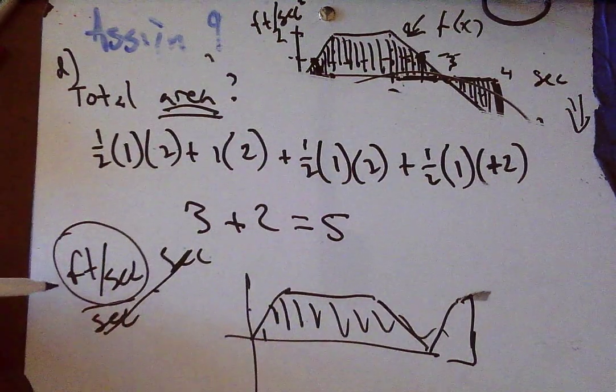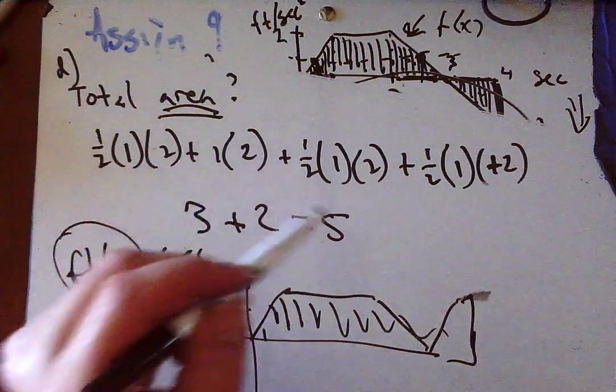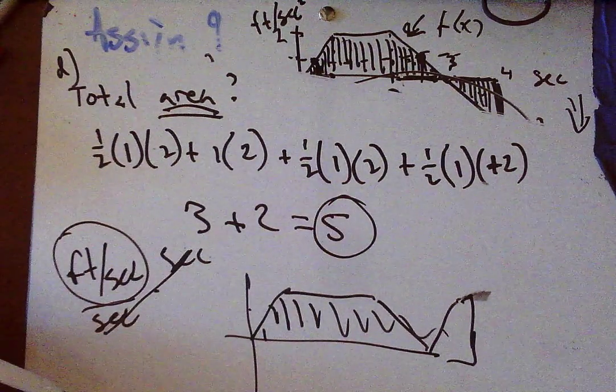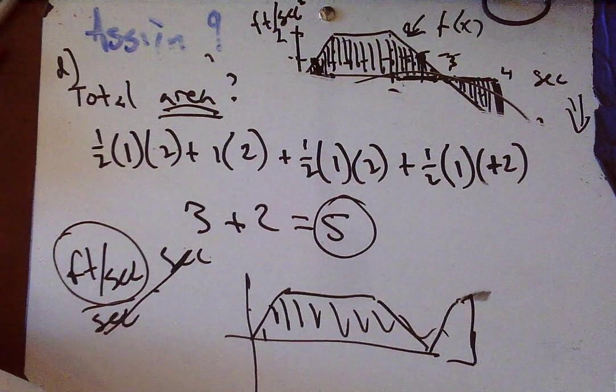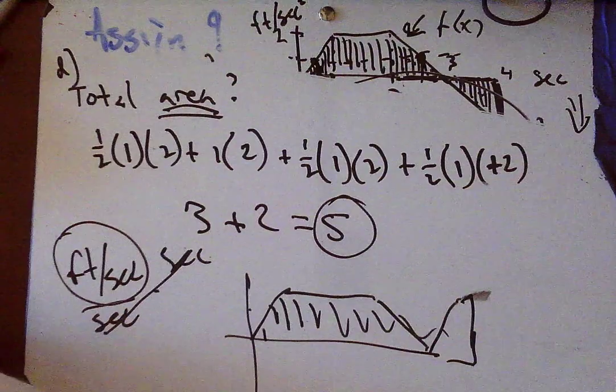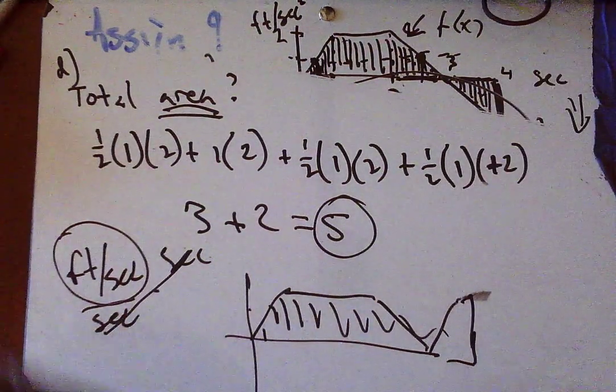And so I think I'm looking at a change in speed. Change in speed. 5 feet per second change in speed is what I'm seeing here, I think. Well, I want to think about that some more.